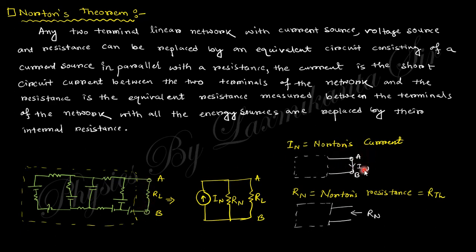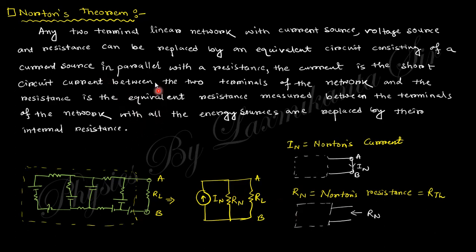This short circuit current through the load is called the Norton current, and the Norton resistance is nothing but the Thevenin resistance, the same thing. When the voltage source is replaced by its internal resistance, it is called the Norton resistance. So this can be replaced by a Norton current with a parallel Norton resistance.